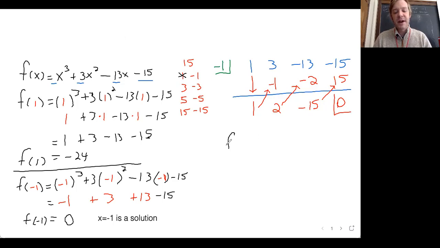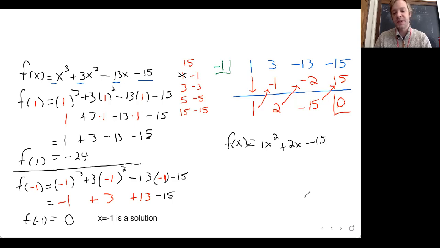So we still have f of x. And since we essentially divided by our solution, we are now 1 power lower than before. So we started as x to the 3rd, and now we are going to be x squared. And we're going to start with 1x squared, because that's our first coefficient, plus 2x, because 2 is our next coefficient, and then minus 15. 15 is now our constant term.